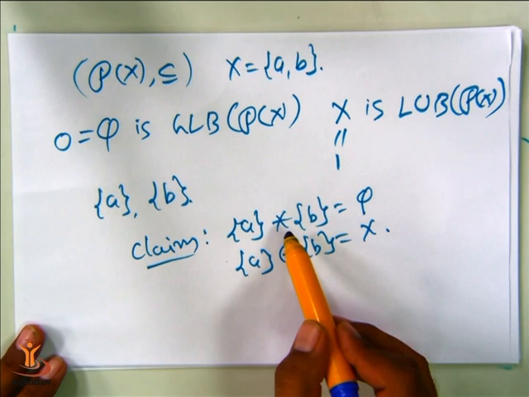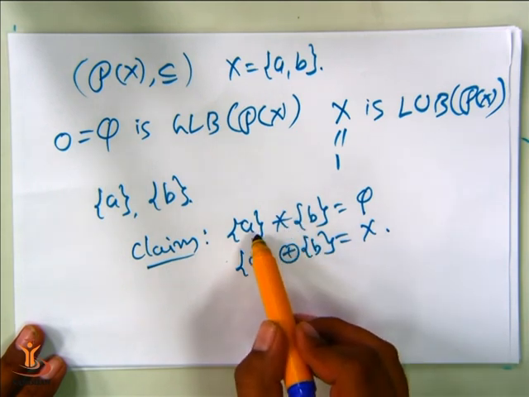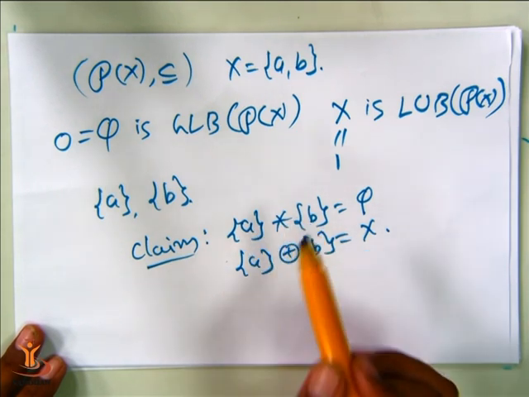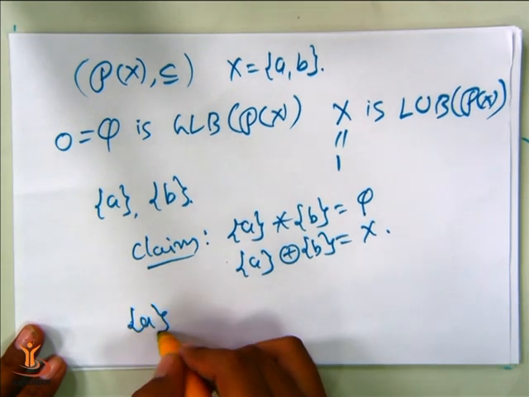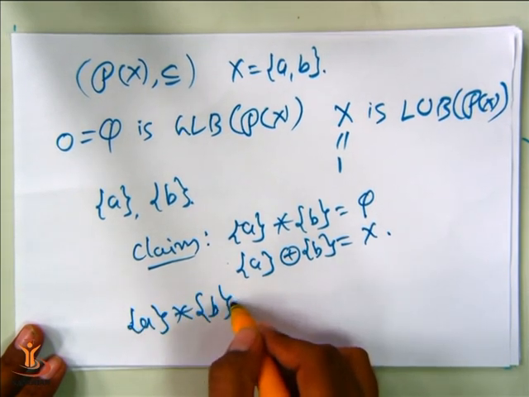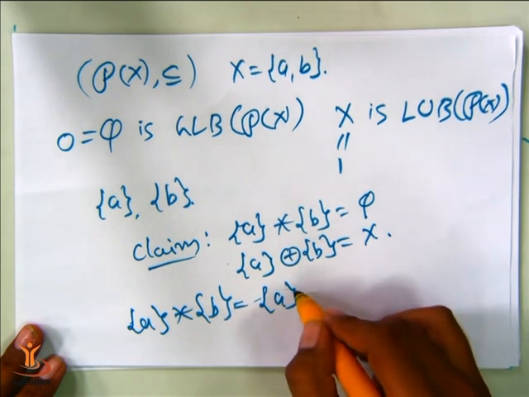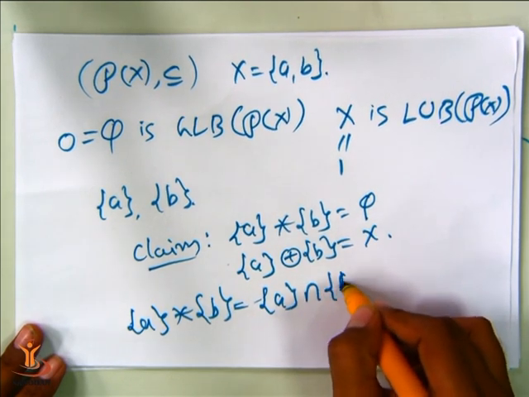So singleton A star singleton B is the same as singleton A intersection singleton B.